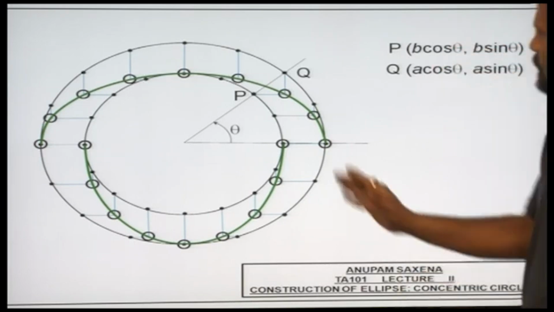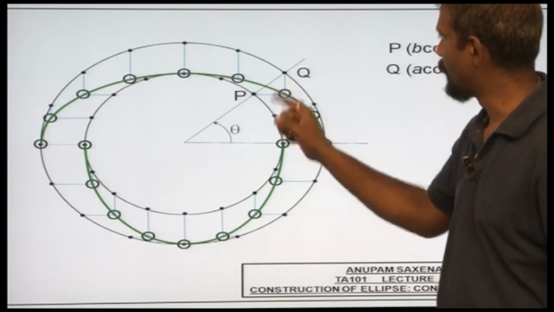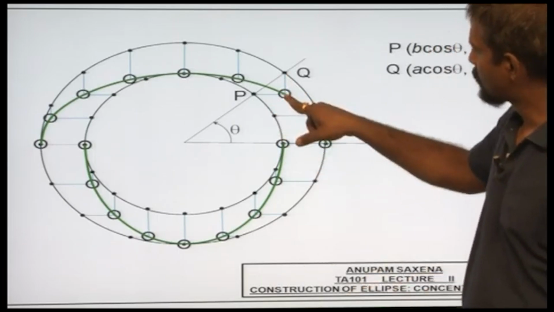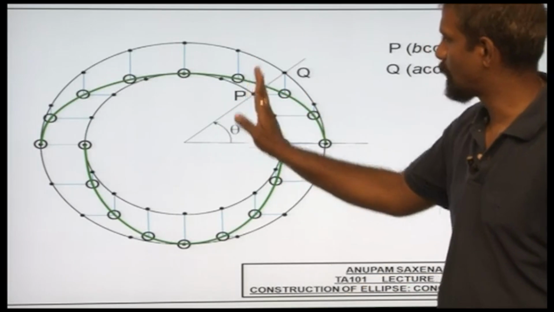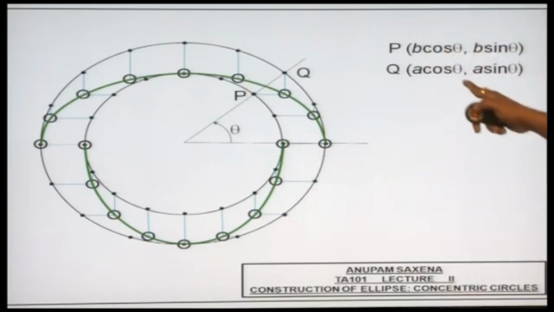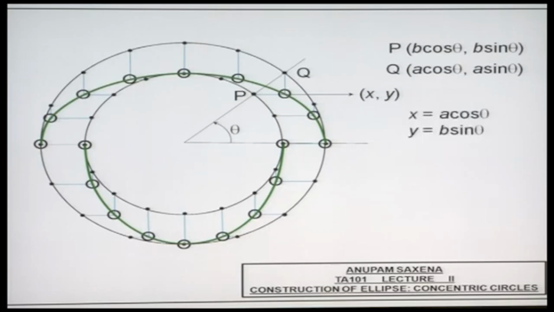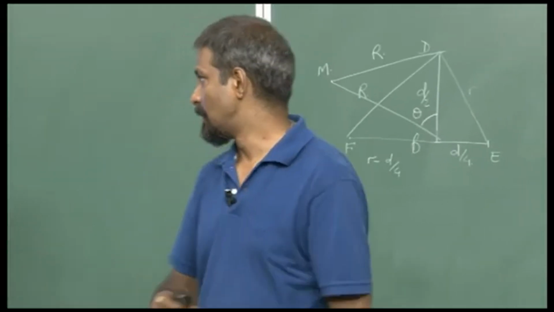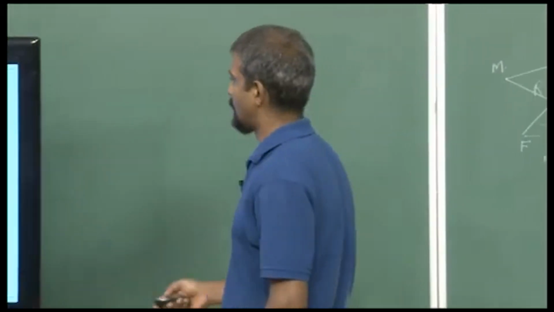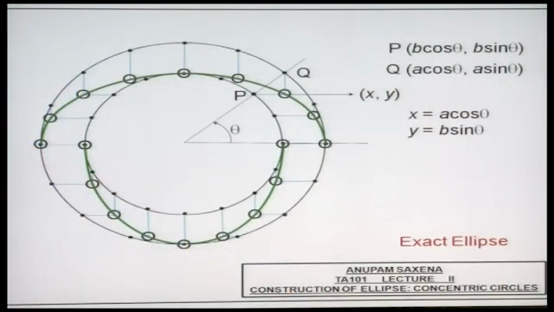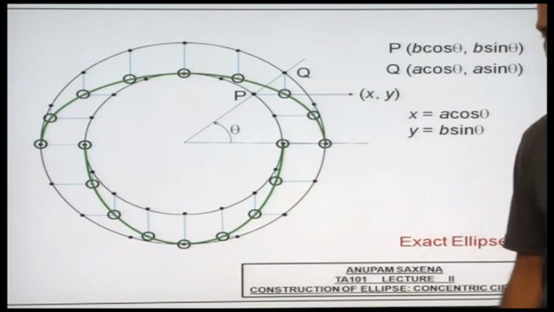So the x coordinate of this point essentially will be the x coordinate of Q, and the y coordinate of this point would be the y coordinate or the ordinate of P. So essentially, if this point is represented as x and y, then x will be A cosine of theta, y will be B sin of theta. And of course, if you go back to your 11th grade or 12th grade coordinate geometry, you would readily confirm that x, y is nothing but a point on the ellipse, and therefore this ellipse is an exact ellipse.